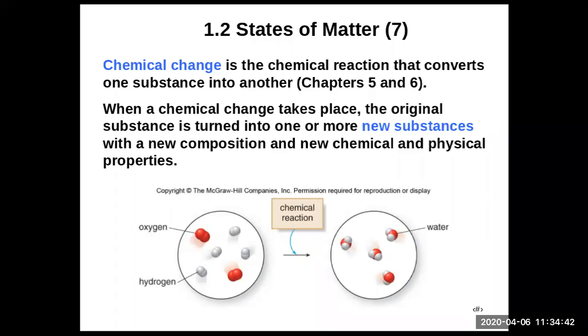And so hydrogen and oxygen can react together, and they react very strongly together. If you bring a spark into a mixture of oxygen and hydrogen, it will explode.